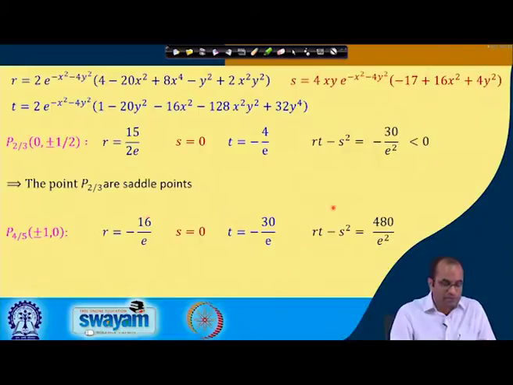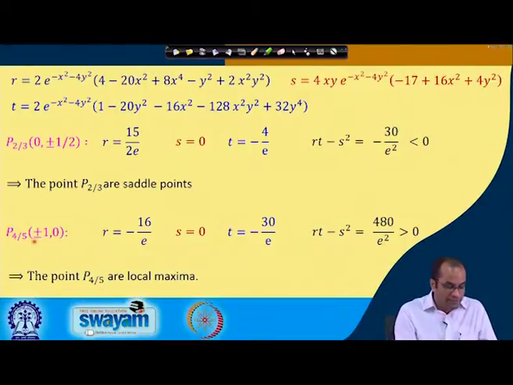Now, based on the sign of r we can decide whether this is a point of maximum or minimum. In this case r is negative, and remember when r t minus s square is positive and r is negative, then we have a point of maximum. So, these 2 points plus 1, 0 and minus 1, 0 are the points of local maximum.